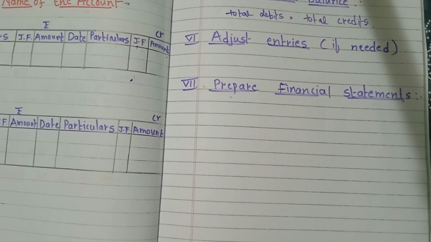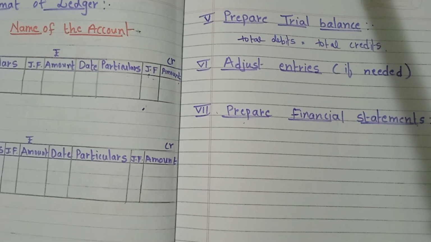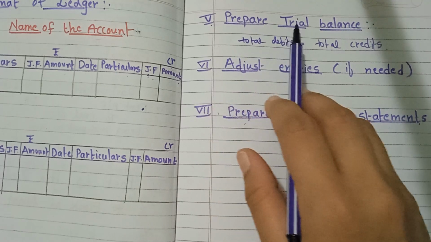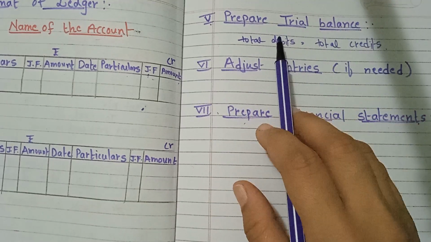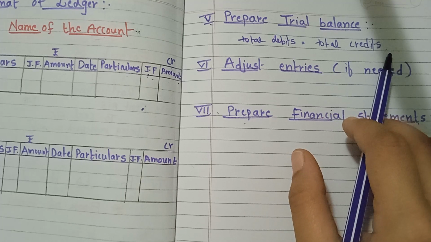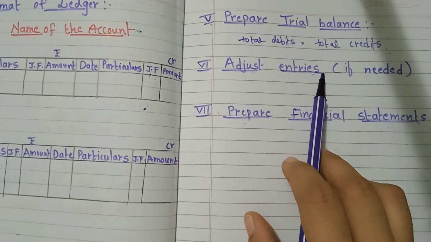So now you are able to see, right? See here, after the fourth step, the fifth one is to prepare the trial balance, to ensure total debits equal total credits. The sixth one is to adjust the entries, only if needed.